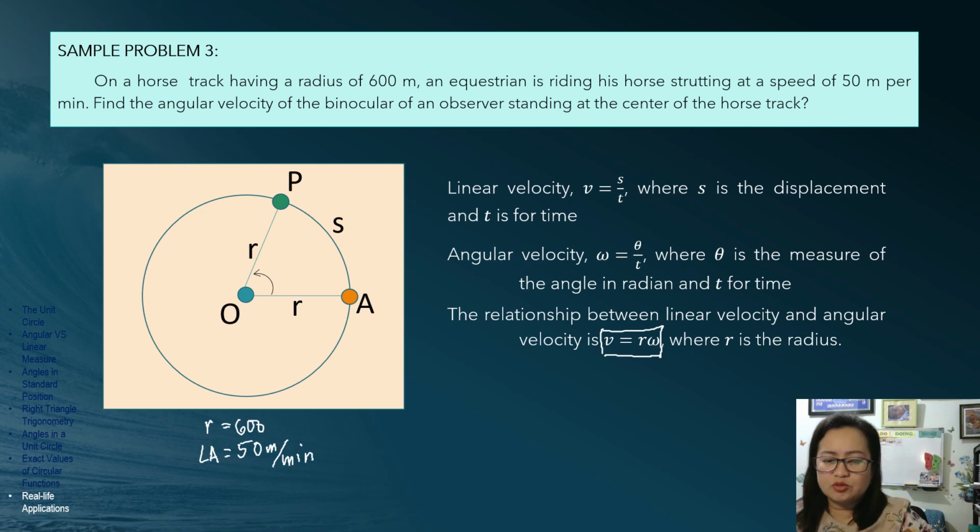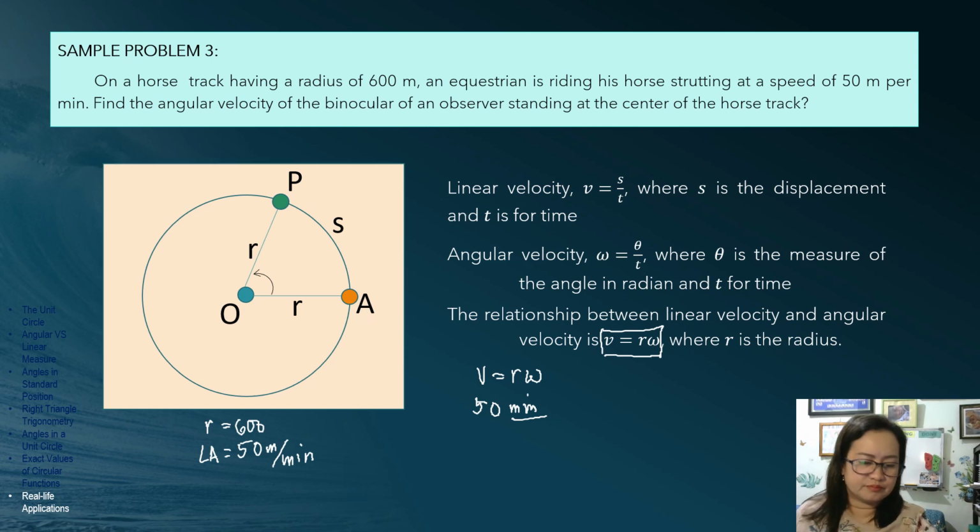Okay, so substitute in the formula. We have here the linear velocity is 50 meters per minute.